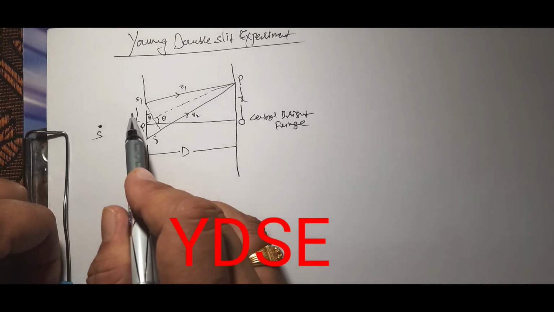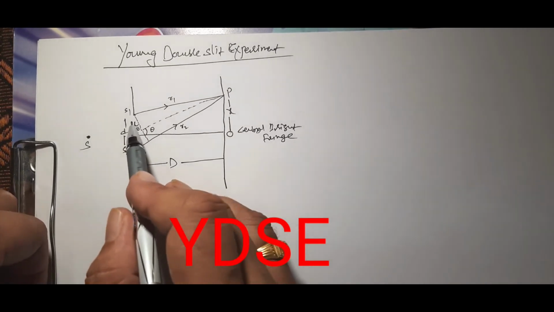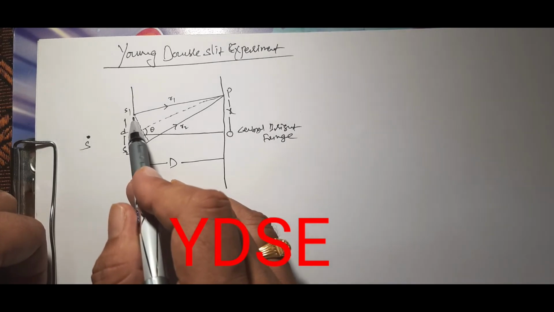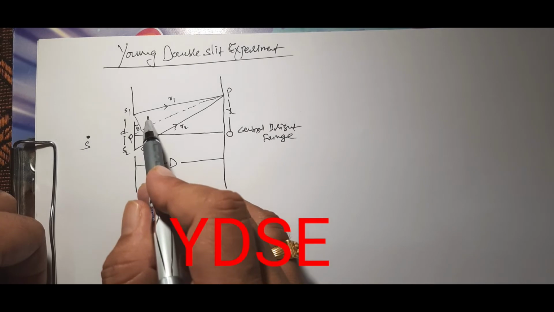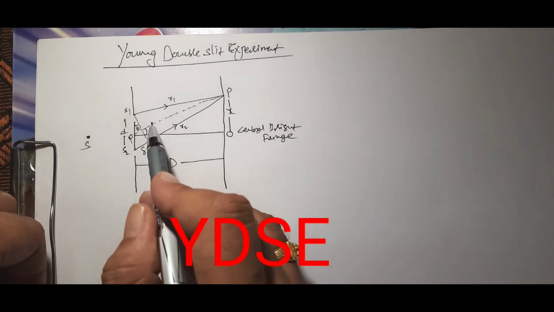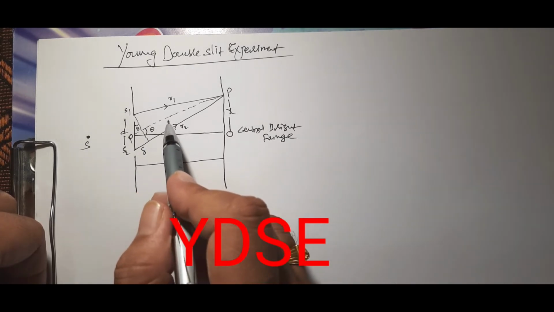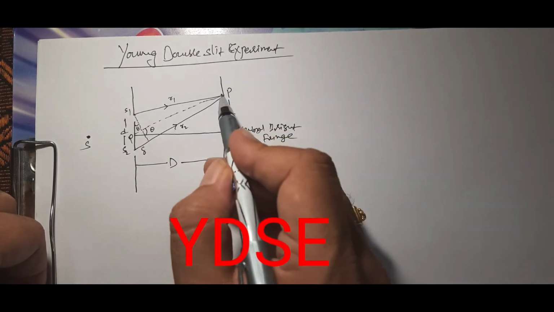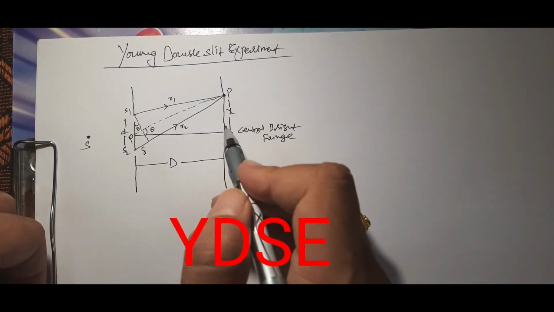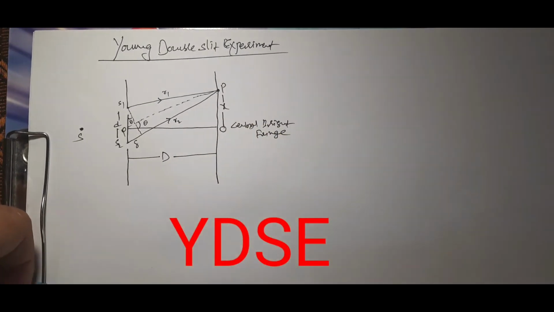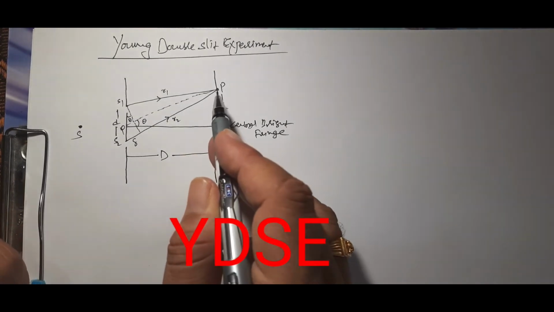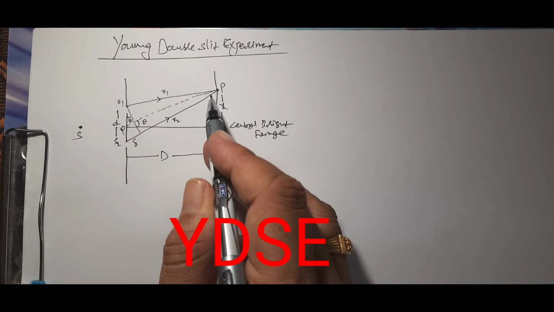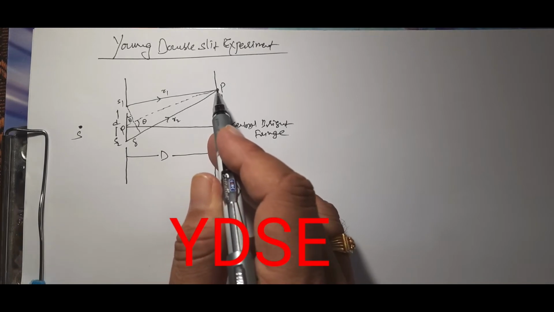These light waves reach two slits S1 and S2 and come out, and these two light waves are superimposed on each other and reach point P on the screen. By the superposition of these light waves, we will see bright or dark bands on the screen.